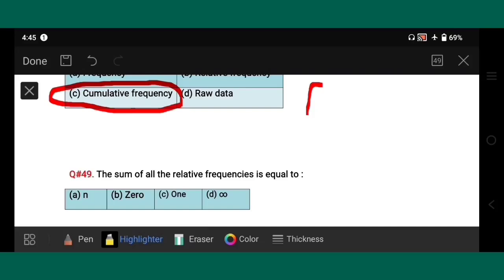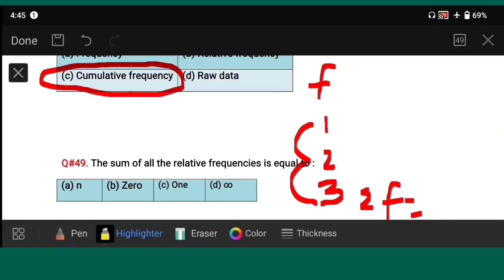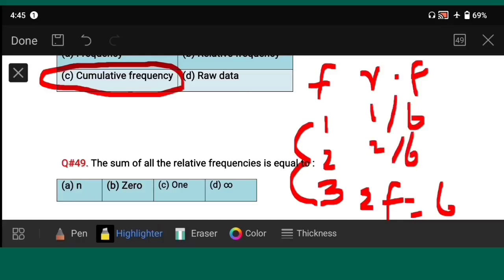So let's say we have frequencies 1, 2, 3, and the sum of the frequencies is 1 plus 2 is 3, 3 plus 3 is 6. What is relative frequency? Just divide each frequency by the total. So 1 divided by 6, 2 divided by 6 and 3 divided by 6.